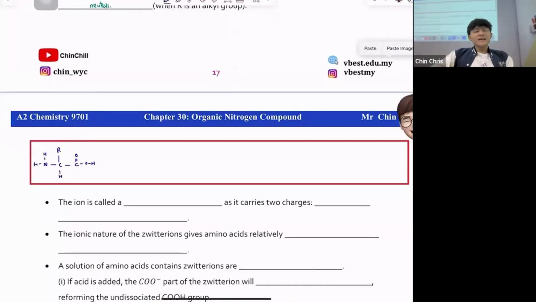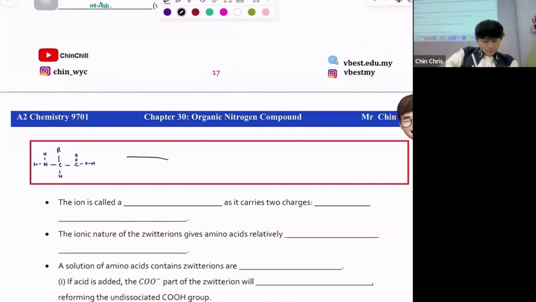Okay, so guys, let's say if you have this amino acid and I dissolve it in aqueous solution.